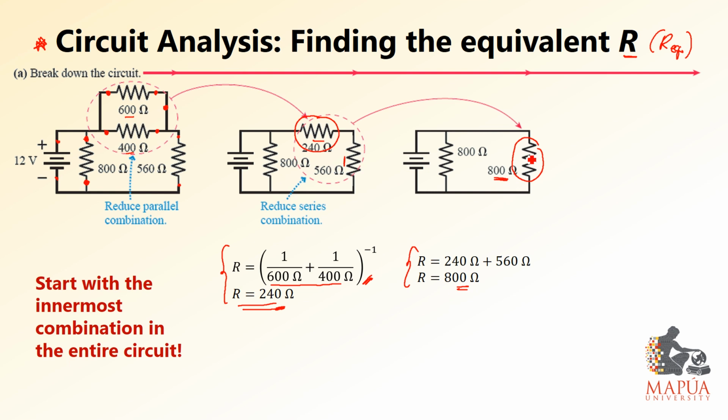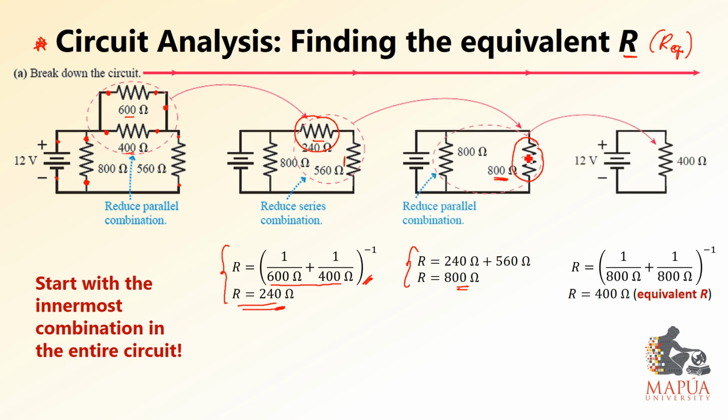As you will notice, these two resistors are now in parallel to each other, and that is the last step in this breakdown or circuit analysis, wherein we're going to reduce this parallel combination and produce a single resistor with a value of 400 ohms. Remember that these two resistors are in parallel, so we use this equation to compute for this resistor.